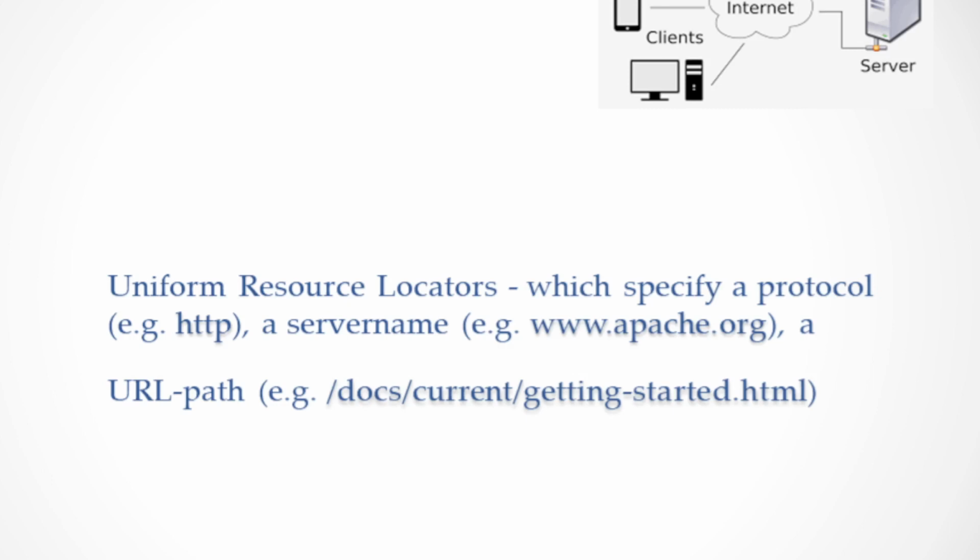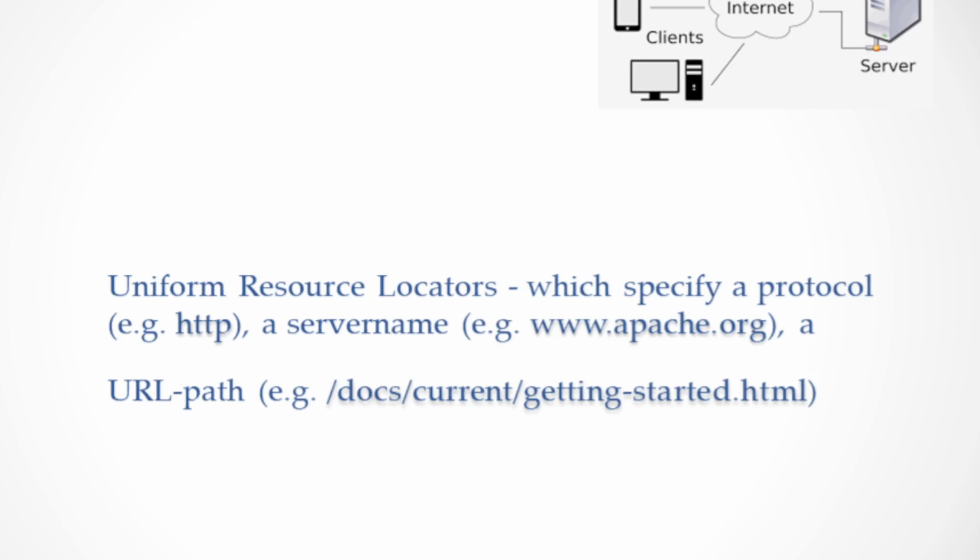So the domain name is actually the server name, and the URL path is the actual file path of where this file is located. So suppose you are hosting a particular HTML file on your server, then it is located in the public_html folder, and inside that you are uploading the files.